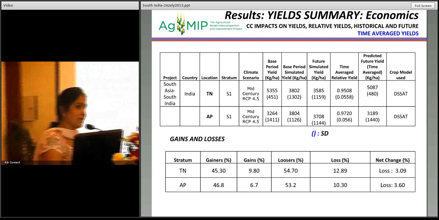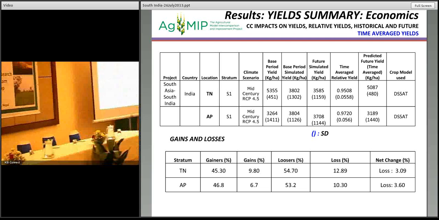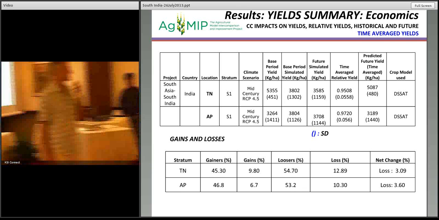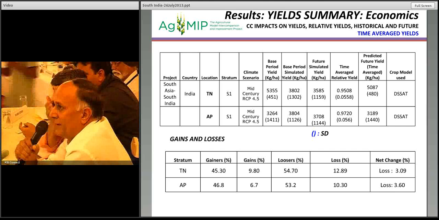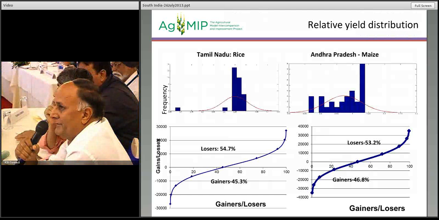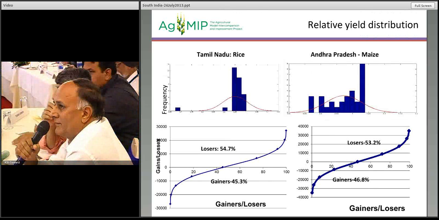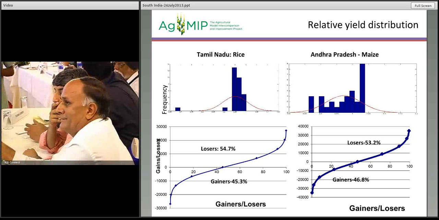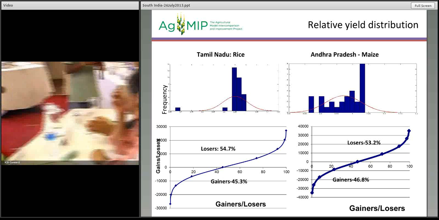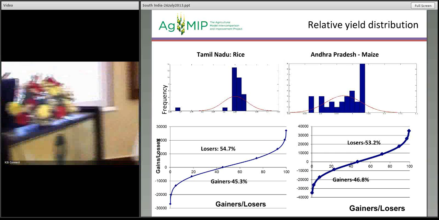Geeta, excellent presentation. I have a question on the climate part. You have shown minimum temperature, but maximum temperature is not shown. Is there any particular reason? Yes, sir. As I indicated in the beginning, we find that the correlation between the yield and the minimum temperature is better compared to the correlation between the yield and the maximum temperature.